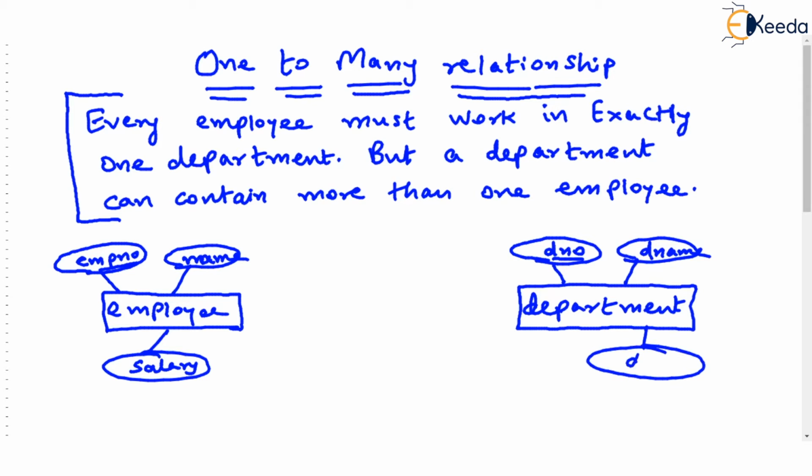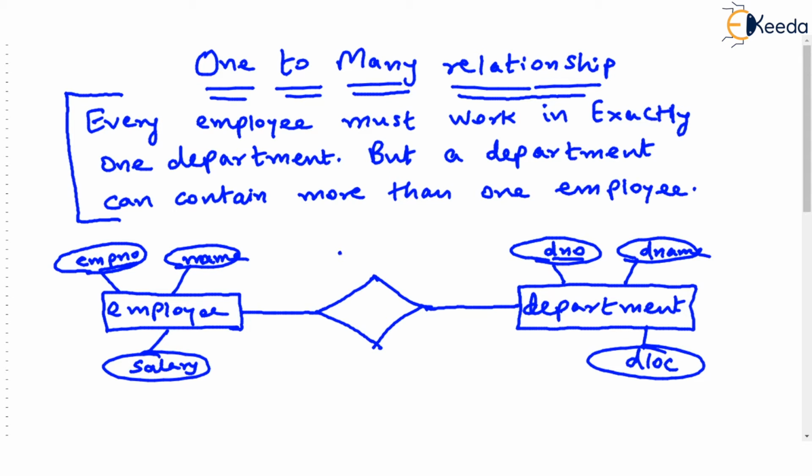Let's say D location. Now you see these two entities, although are different entities, but they are actually related to each other. And the relationship between the entities is shown as a rhombus. And we just connect these two entities to this rhombus. Now the description of the relationship is written on the relationship.